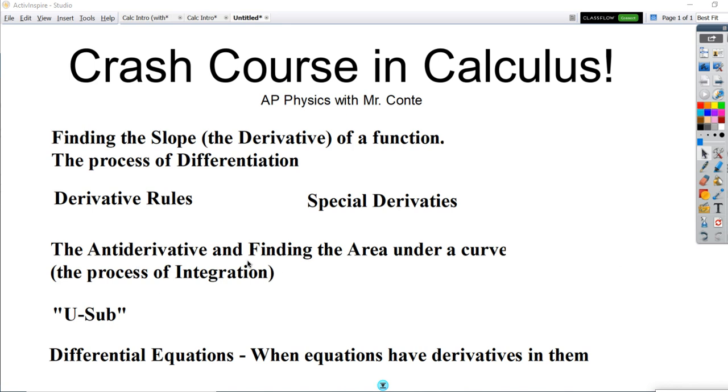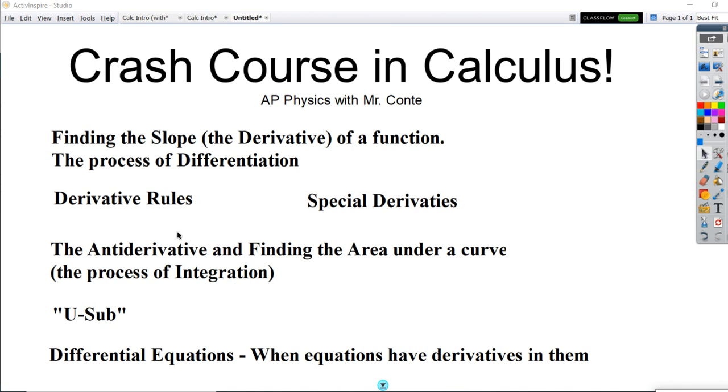And the inverse of differentiation is a process called integration. So they are reverse processes. So if you're finding the derivative, think of that as going one way, let's say forward. Finding the antiderivative is like going backwards.